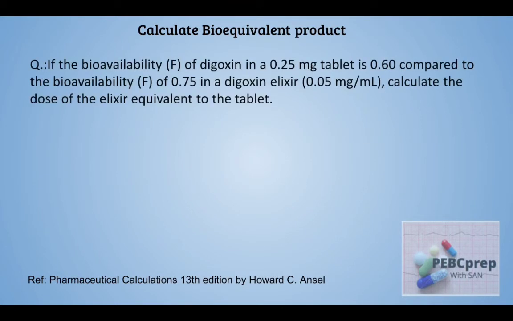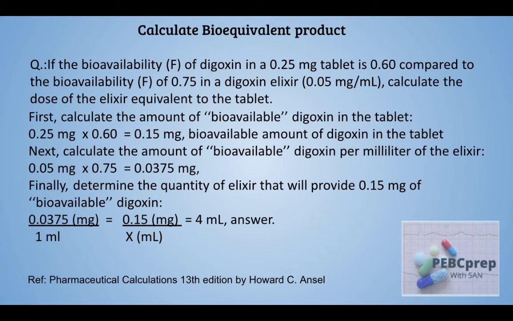A question: if the bioavailability F of digoxin in a 0.25 milligram tablet is 0.60, this is the amount of digoxin in the tablet, and this is the bioavailability, compared to the bioavailability factor of 0.75 in a digoxin elixir that is 0.5 milligram per mL, calculate the dose of elixir equivalent to the tablet.